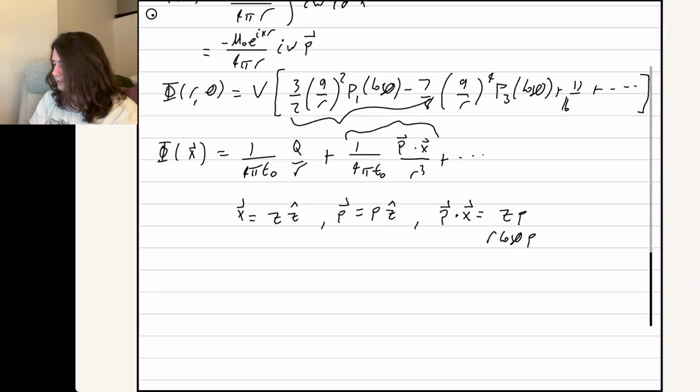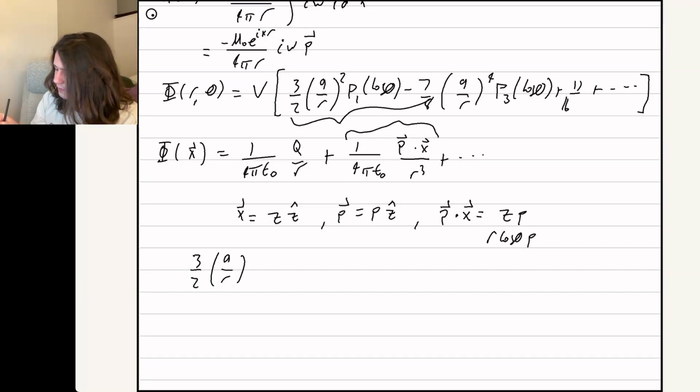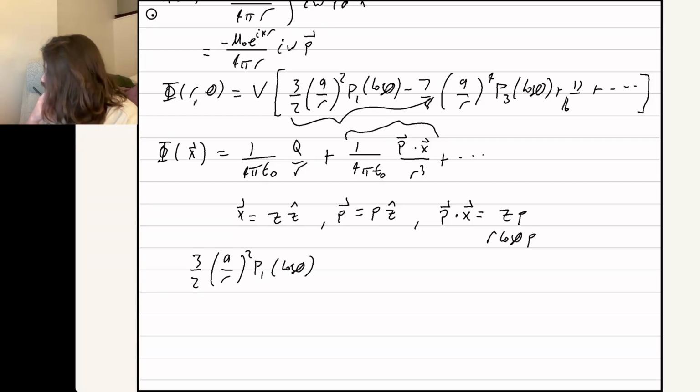So matching the first term in the Legendre polynomial expansion to the second term in the multipole expansion, you have 3/2 a over r squared p1 cosine theta is equal to 1 over 4 pi epsilon naught, and then this is r p cosine theta over r squared.